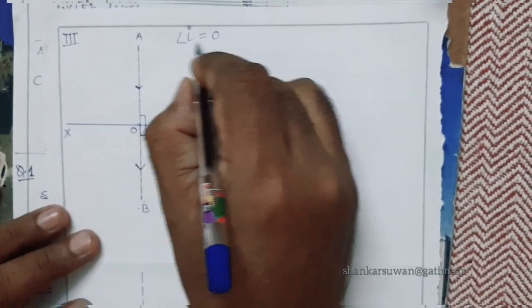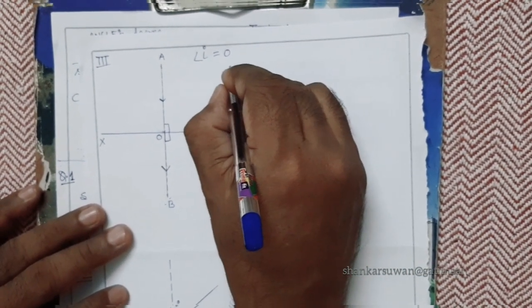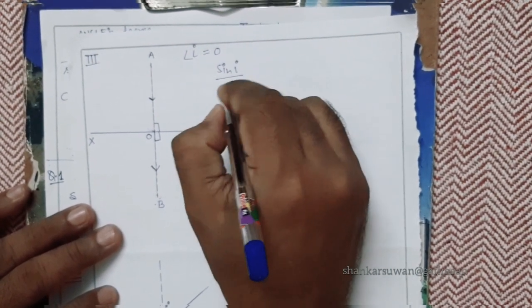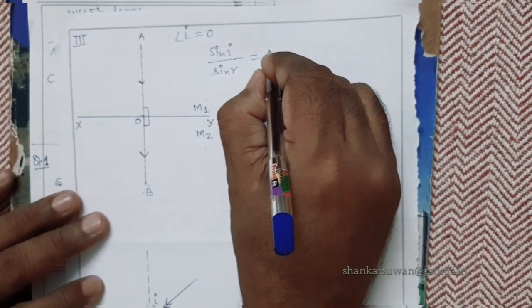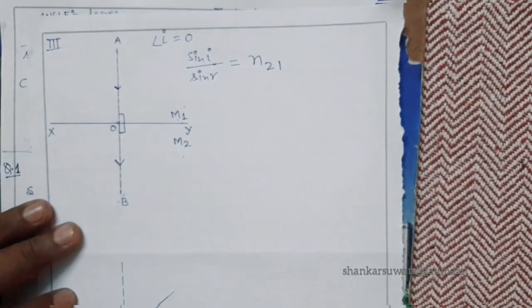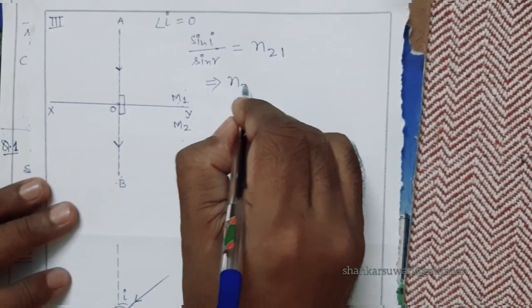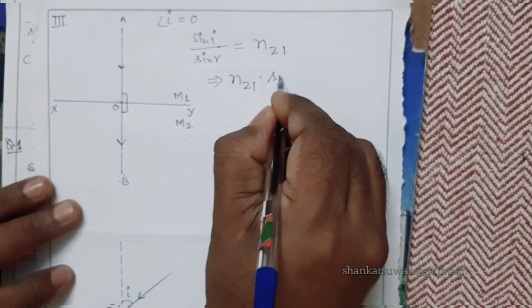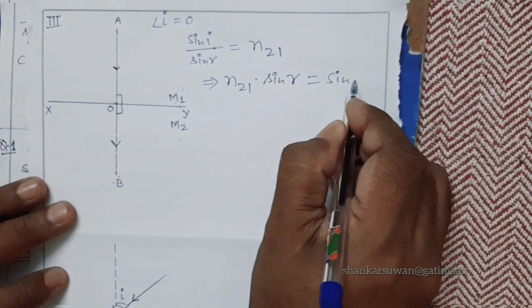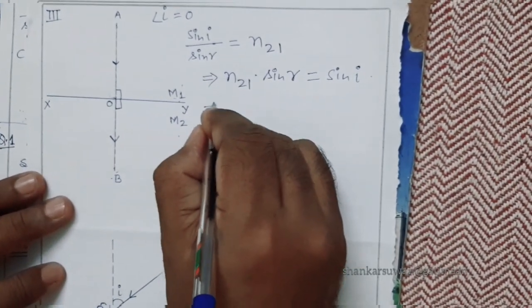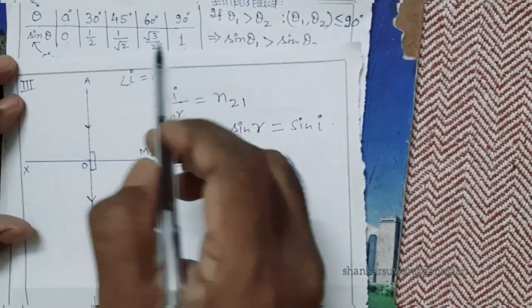So, if angle I is equal to 0 and we have the relationship sin I upon sin R is equal to n21, this implies that n21 into sin r is equal to sin I, and as I is 0, for 0 degree sin 0 is 0.